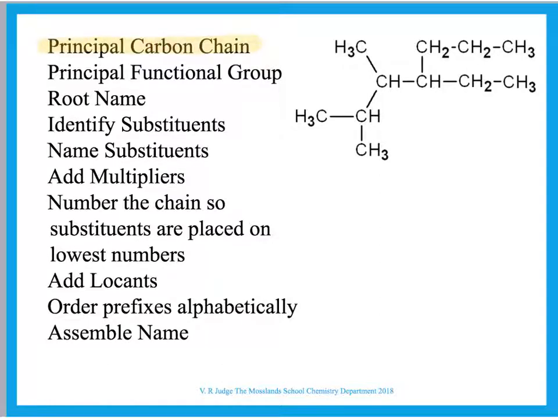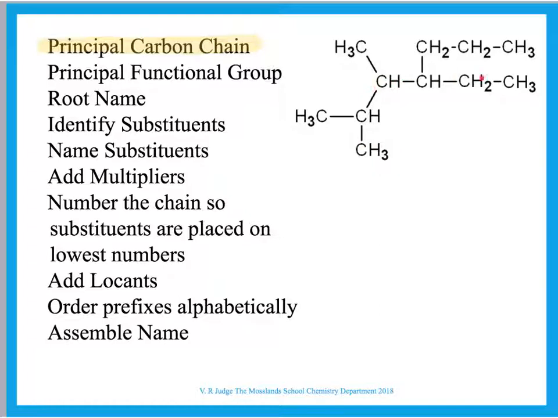So that is the longest chain of carbon atoms all joined together. So I can see that there's a long bit here. So if I count here, I've got 1, 2, 3, 4. It would end at 5 if I go that way, 5, 6, or 5, 6. Okay, it doesn't really matter which way I go.